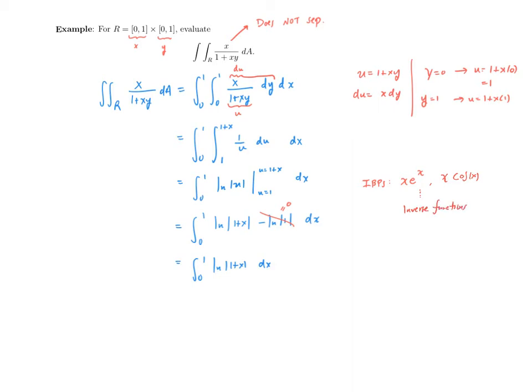Inverse functions for us would include things like natural logs, inverse tangents, but more specific to this example would be the natural logs. What integration by parts tells us is the integral of u dv is uv minus the integral of v du.